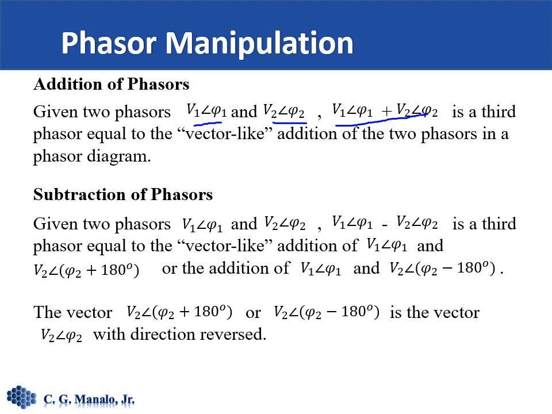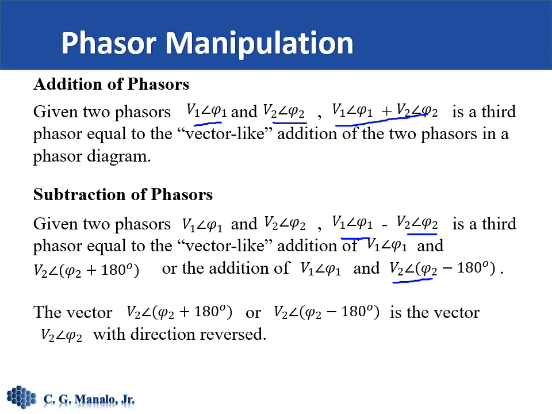Now for subtraction of phasors, that is also possible. So let's say we have phasor V1 minus phasor V2, we'll get a third phasor, which is like addition also, but with the phasor V2 reversed in its direction.